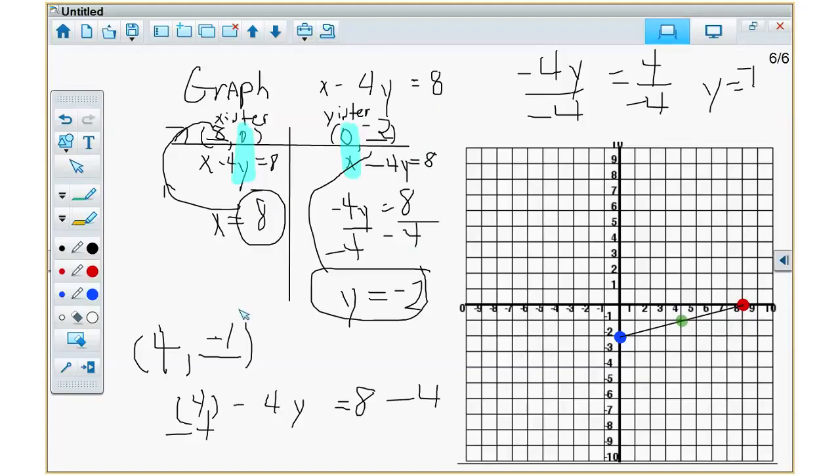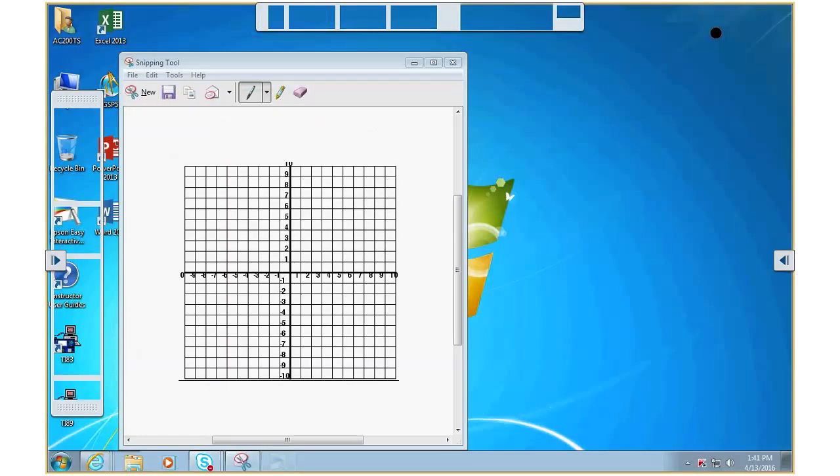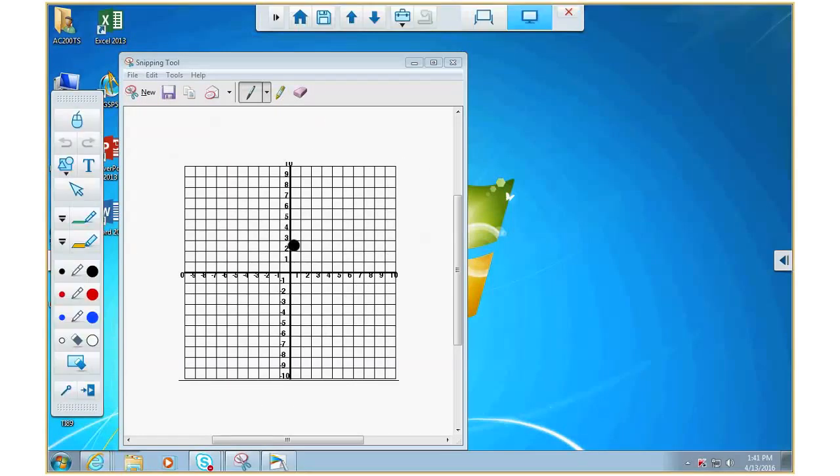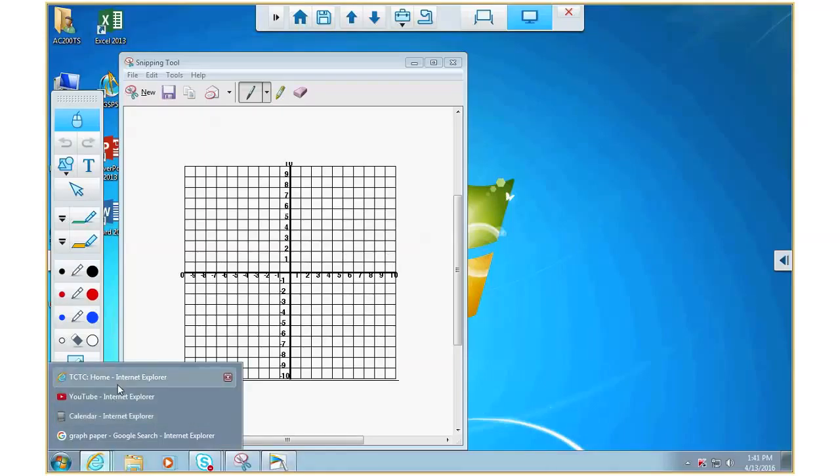Now, I'm going to look at your test right quick and see if there's anything that I need to address before I post it, because I'm thinking we need to go over one more thing, but I'll look to make sure.